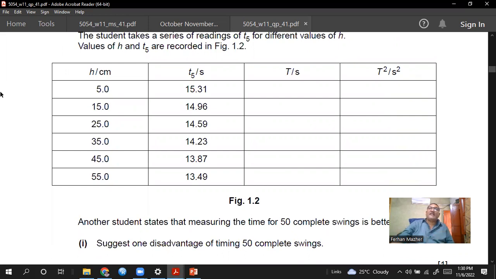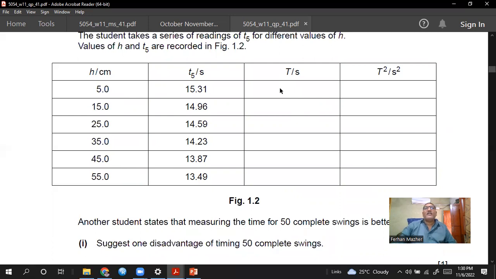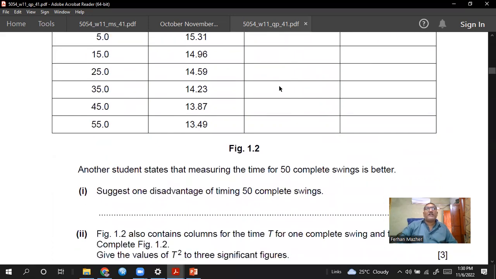So they are measuring the time for 5 swings when h is 5, 15, 25, 35, 45, and 55. Here the capital T means the time for one swing, and we can calculate that.